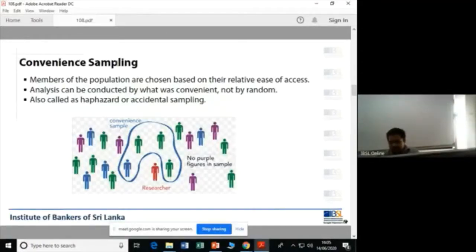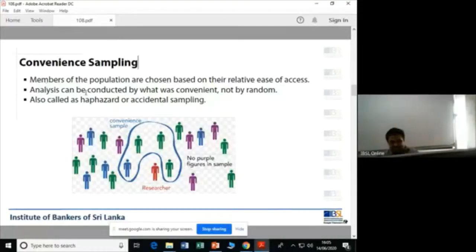The convenience word itself says that the researcher is going to select a sample based on your easiness or the accessibility or flexibility. Isn't that so?